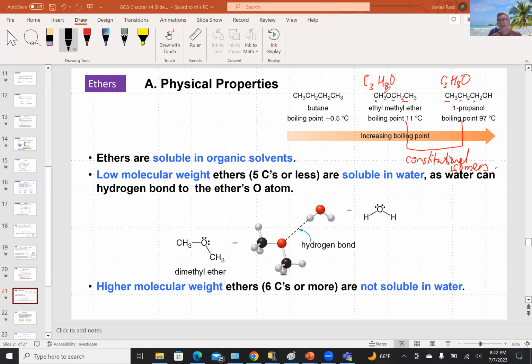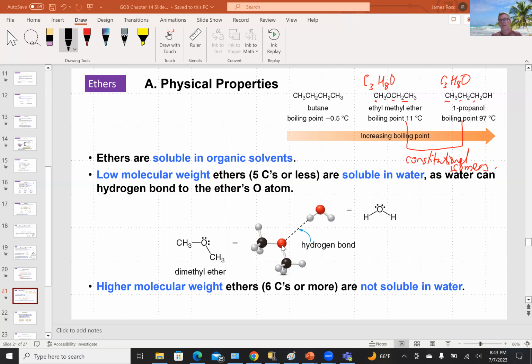We said up here that ethers have substantially lower physical properties than alcohols because alcohols can hydrogen bond. With themselves was implied. Ethers can't hydrogen bond with themselves is implied.